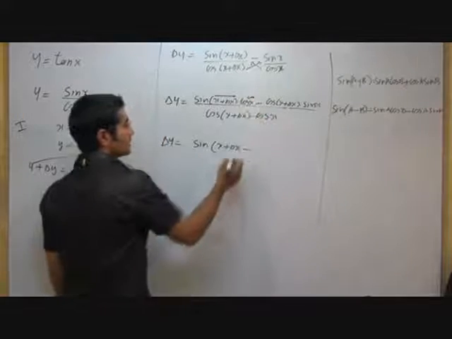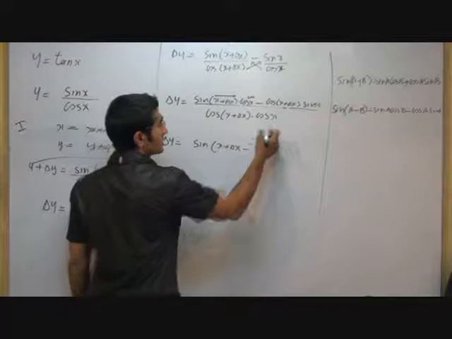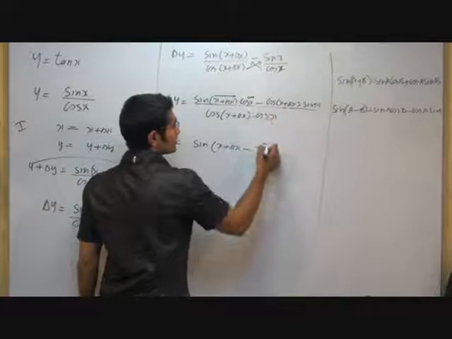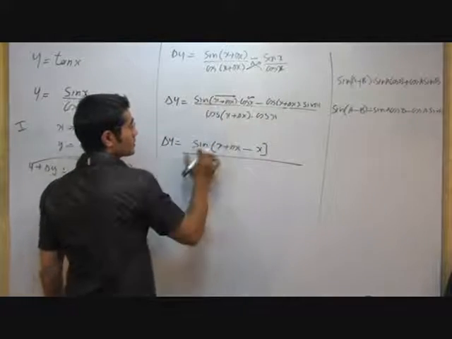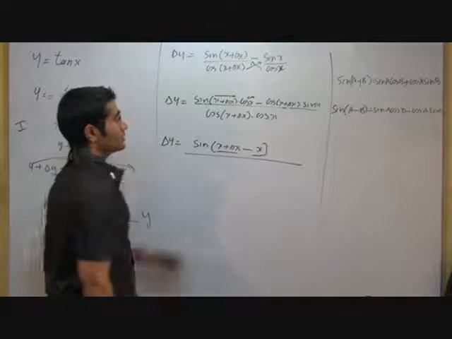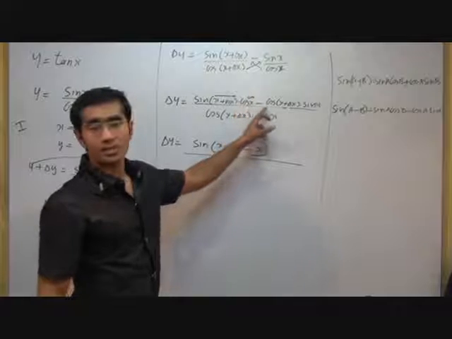Since there's a minus here, I take sine of a minus b, which goes as sine a cos b minus cos a sine b. So delta y is sine of (x plus delta x minus x), divided by the denominator.